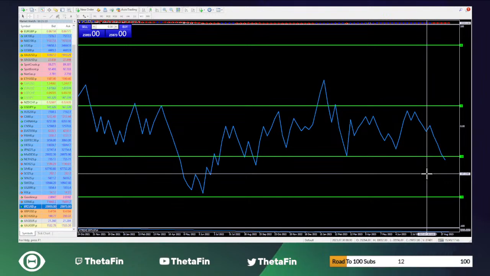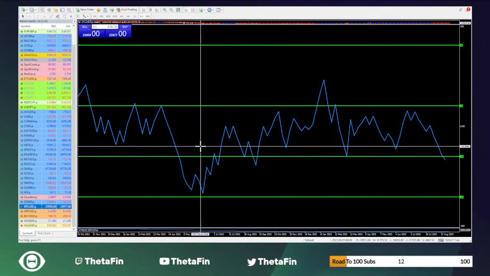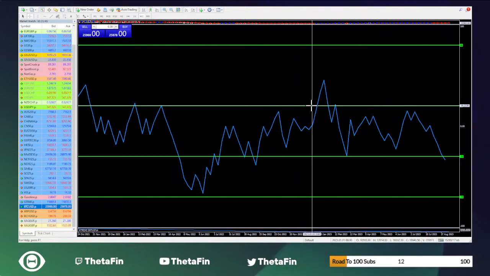Volume simply means the number of people or the number of orders being placed in either direction significantly outweighing the other. And then momentum is the pace at which that happens, right?